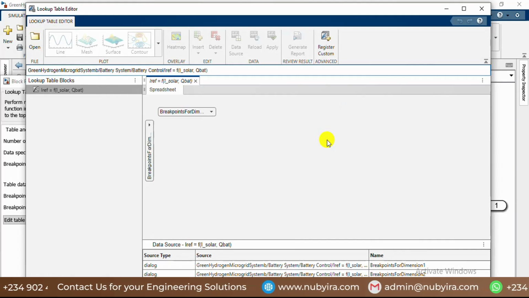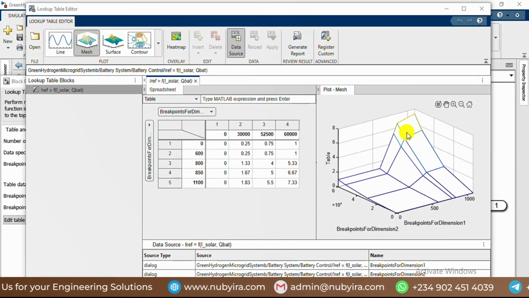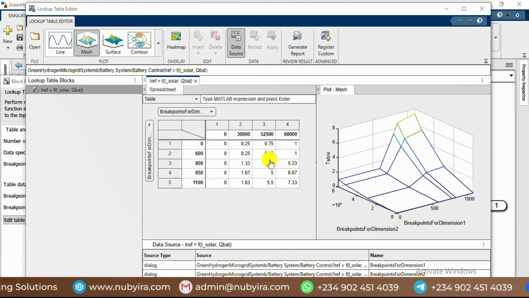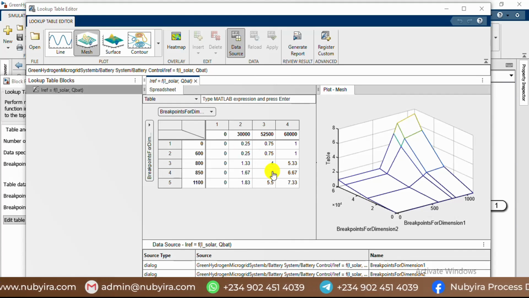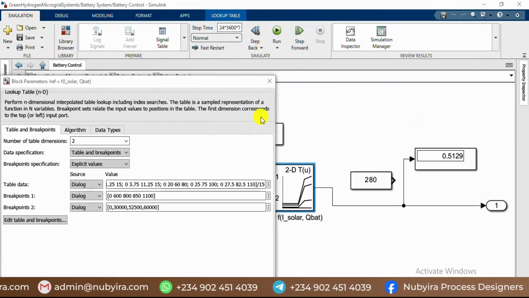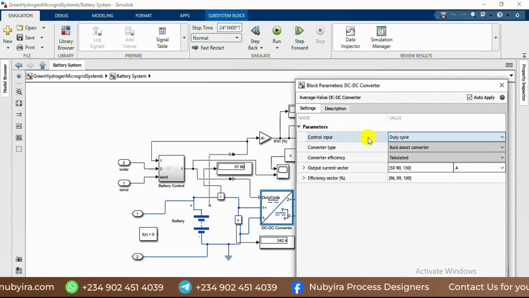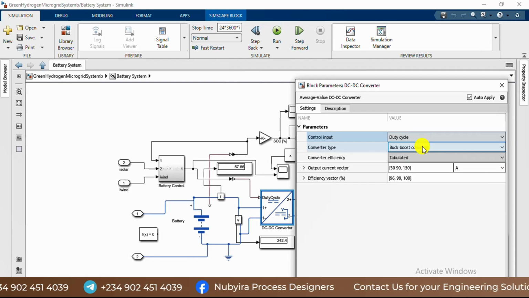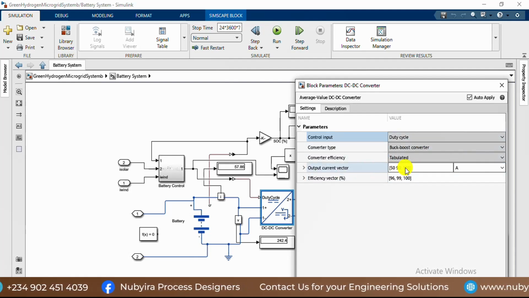So you can see this trend now is quite different from what you have before, and this is actually using not the voltage reference, but the duty cycle for the DC-DC converter. You understand? If you go to the DC-DC converter, it's actually set to duty cycle, not voltage reference, but the voltage can also increase or decrease, and this is the efficiency based on the current.